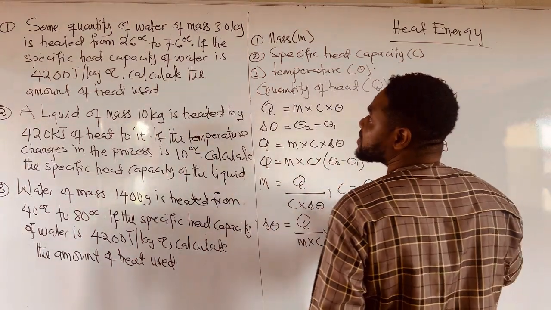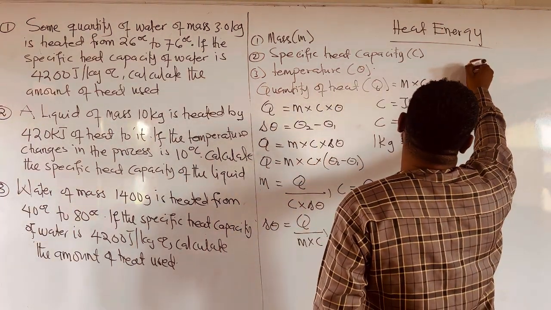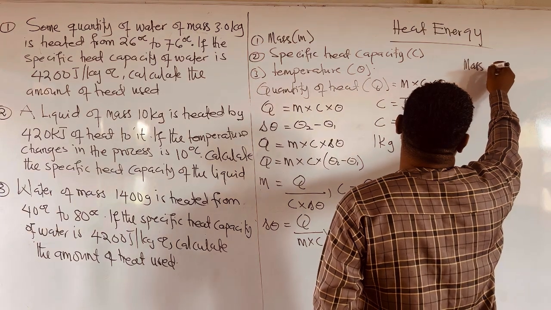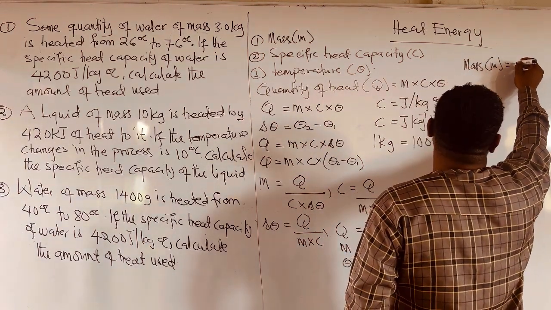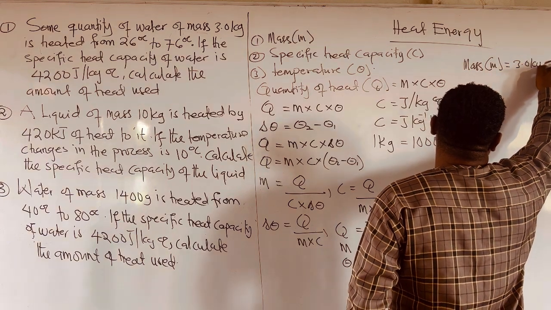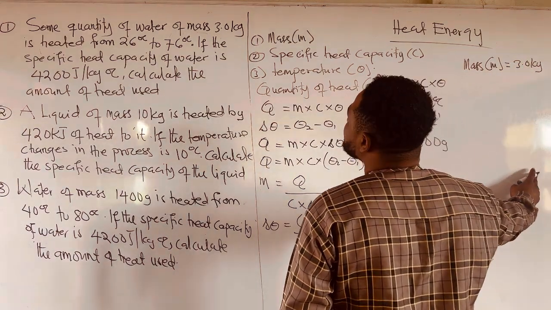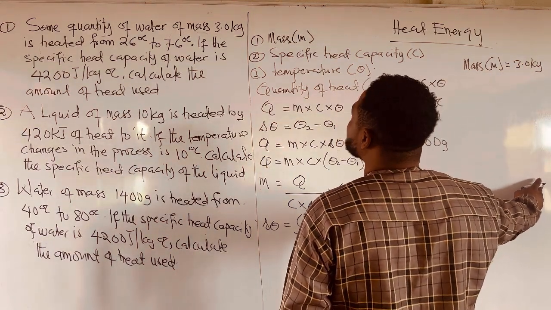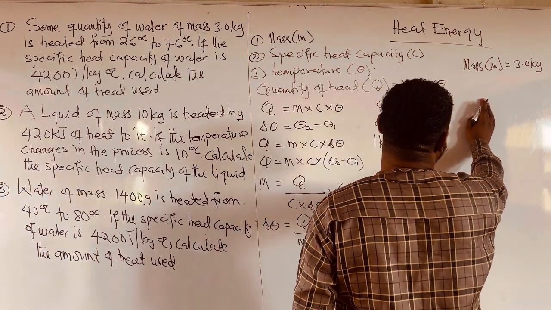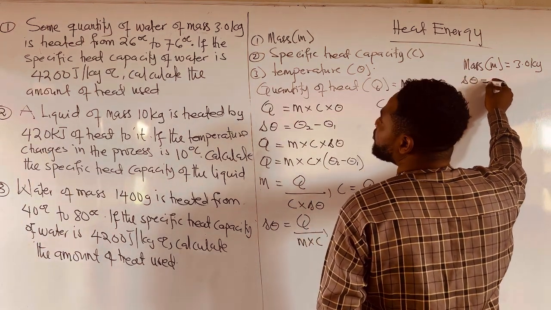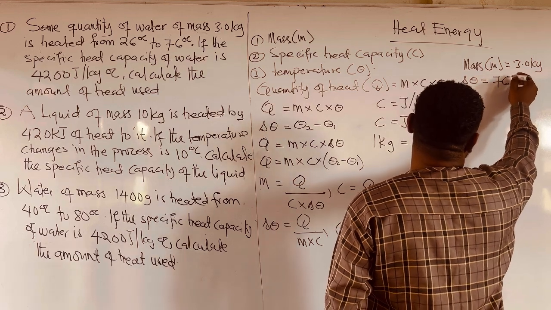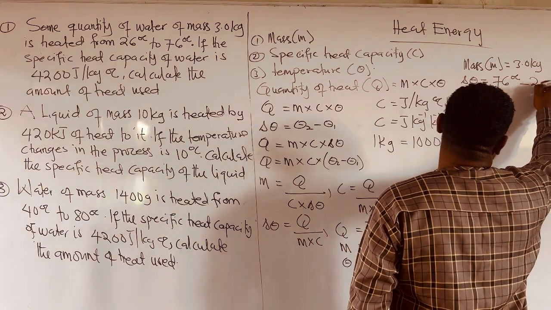From question number one, the mass of the water is given to us as 3.0 kilogram. And it is heated from 26 degrees Celsius to 76 degrees Celsius. That will lead us to the change in temperature, which is going to be 76 minus 26.